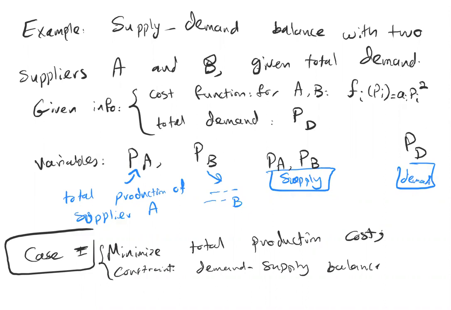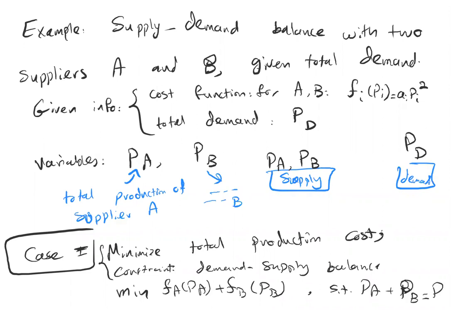So it's going to be minimizing f_A of P_A plus f_B of P_B, subject to P_A plus P_B is equal to P_D. You already know what f_A and f_B are. How do we know that? That's given in the problem specification.